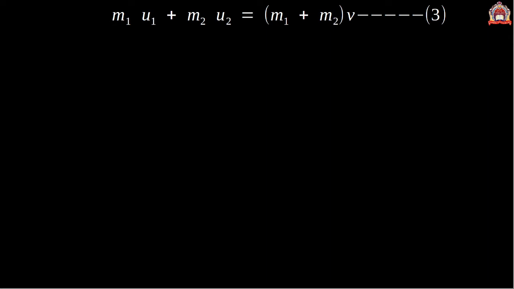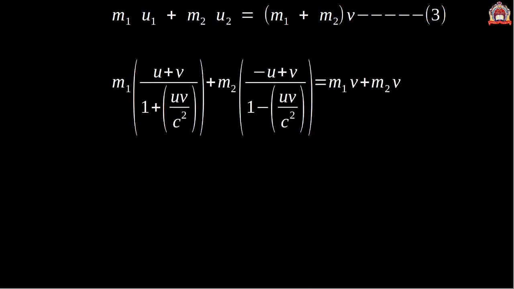Putting the values of u1 and u2 from equations 1 and 2 in equation 3, that is m1 into (u plus v divided by 1 plus uv by c square) plus m2 into (minus u plus v divided by 1 minus uv by c square) equals m1 v plus m2 v.